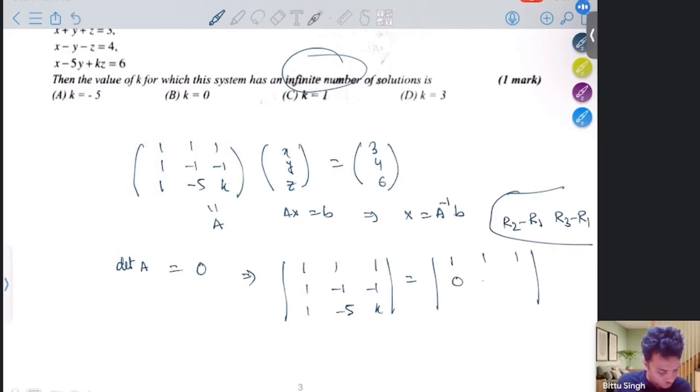Then it will be 0, minus 2, minus 2, and similarly 0, and here it is minus 6, and then it is k minus 1.